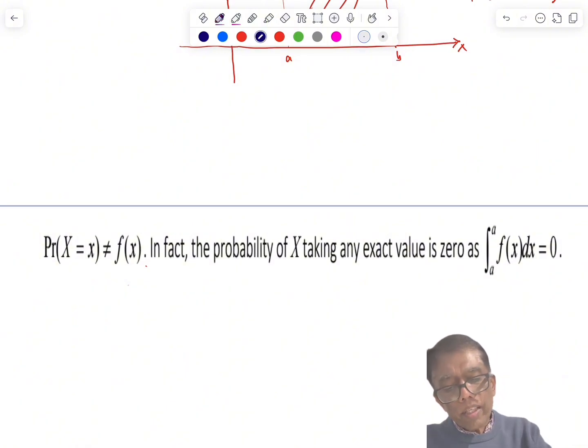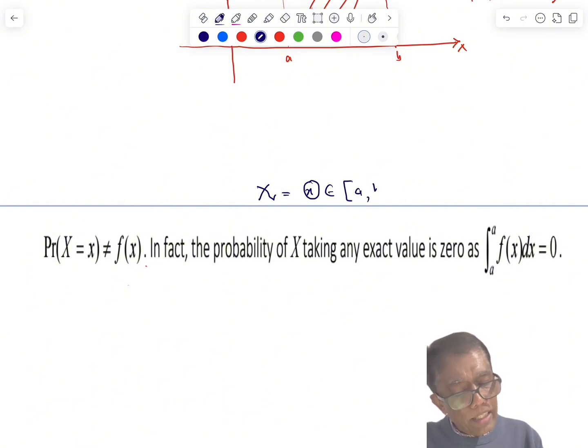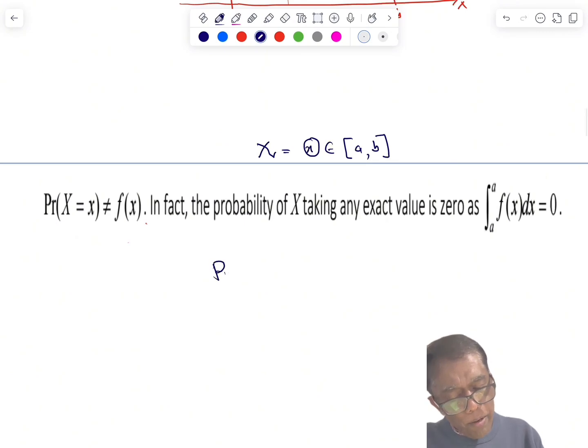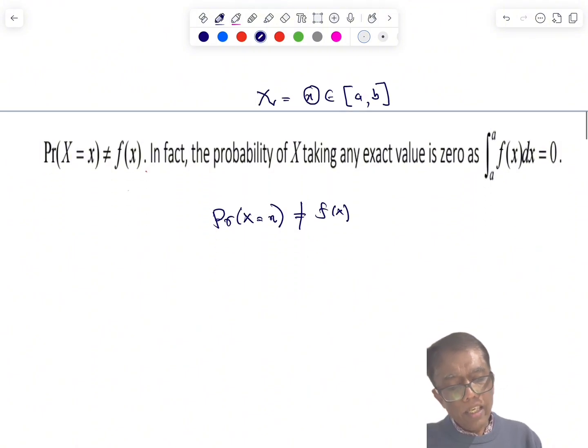However, if X is the continuous random variable and small x is a particular point in the given interval, the probability when X is equal to small x is not equal to f of x.